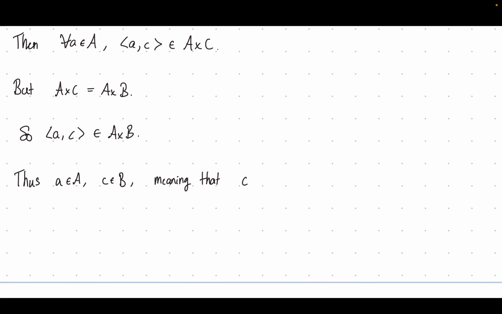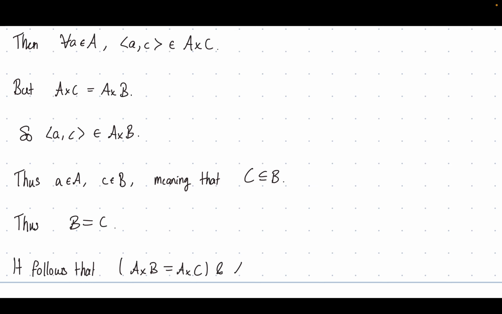Meaning that big C is a subset of big B. Thus, B has to be equal to C, since these two sets, as we've shown, are subsets of each other. And then it follows that, what were the assumptions we had? A cross B is equal to A cross C, and A not being equal to the empty set implies that B equals C.